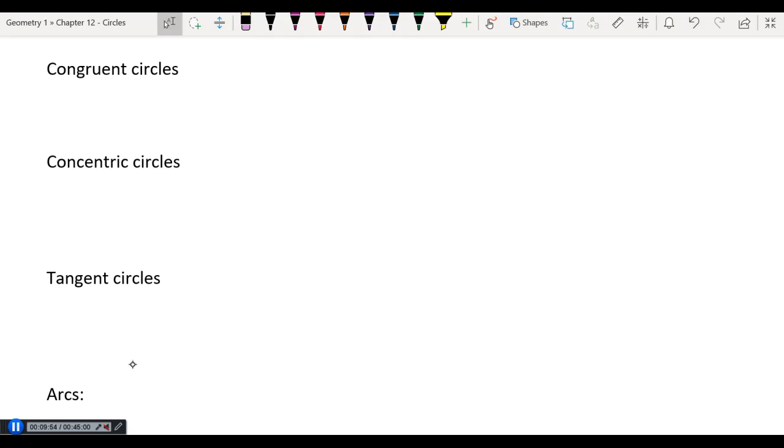Congruent circles. What does it mean if 2 circles are congruent? They're the same. So you want to draw two circles that are the same. That is a congruent set of circles. Mine are not close to the same, but do your best.